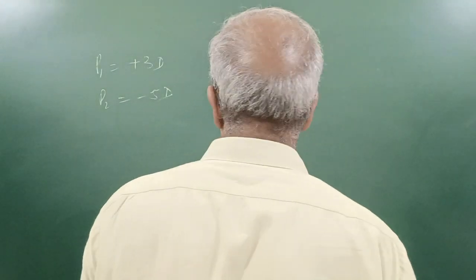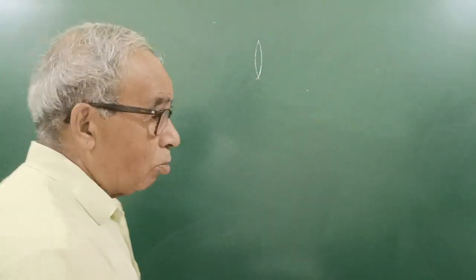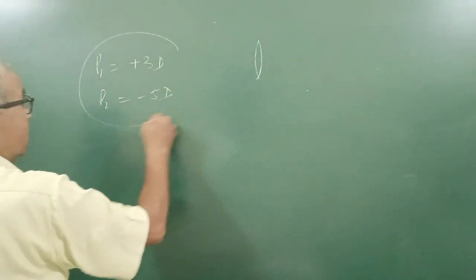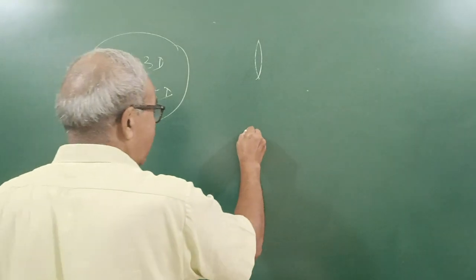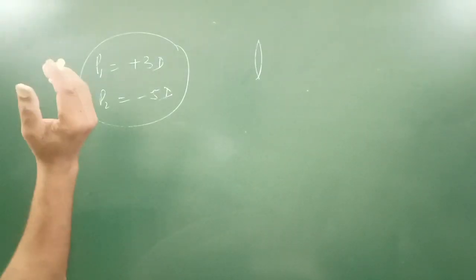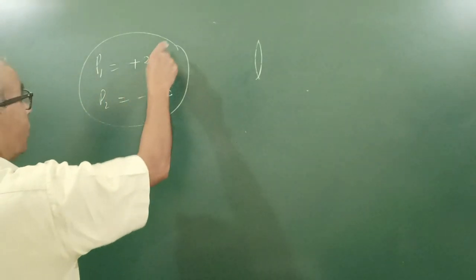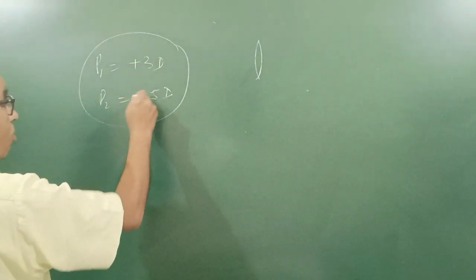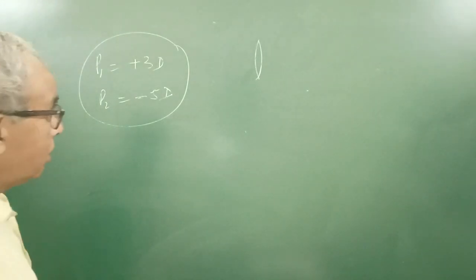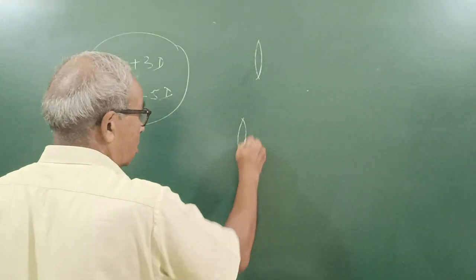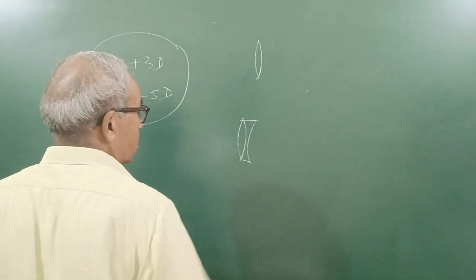An object is placed at a distance of 50 centimeter from the combination. These two lenses are placed in contact to form a single lens. Power 3 diopter means plus 3 means convex, minus 5 means concave, like this. They are placed like this.